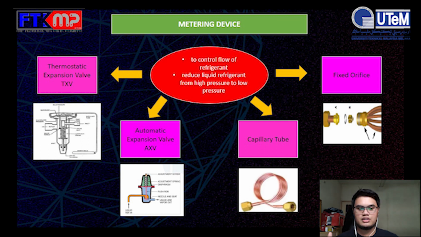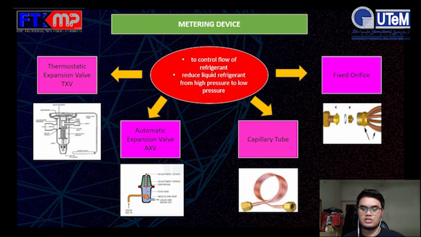The automatic expansion valve is not like the capillary tube as it increases and decreases the amount of refrigerant feeding into the evaporator by opening and closing, and it does it all in response to the pressure of the refrigerant in the evaporator.